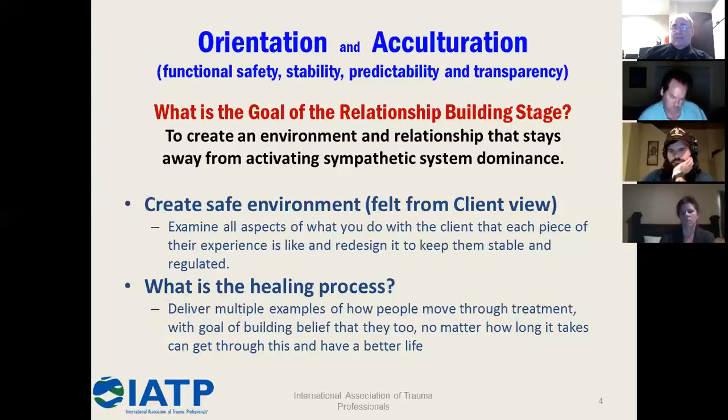And I suggest 2 or 3 examples of people moving through it fairly quickly, a couple of examples of people moving through it with some struggle, and a couple of people moving through it with some difficulty. Because what you're basically saying is, regardless of how you move through this, you can get through it.